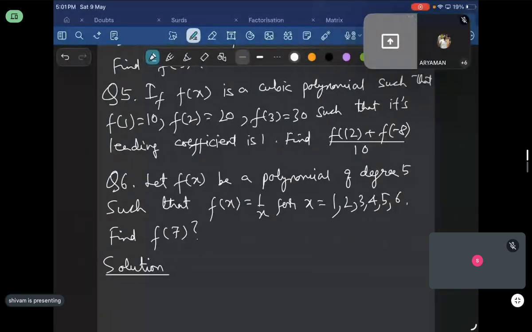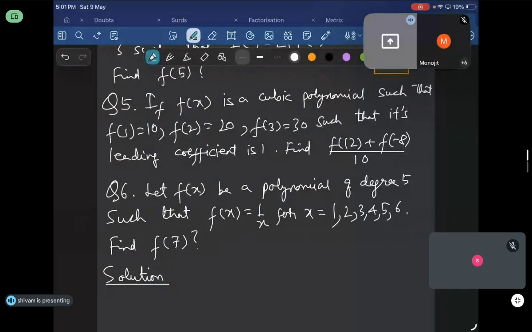Sorry, sir, 10x. Yes, Shirup, your answer is correct. So can I take q of x equal to f of x minus 10x? Are you getting, Shirup? Yes, sir. Okay.